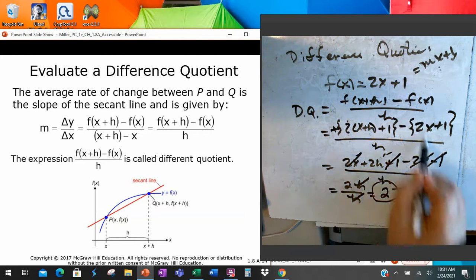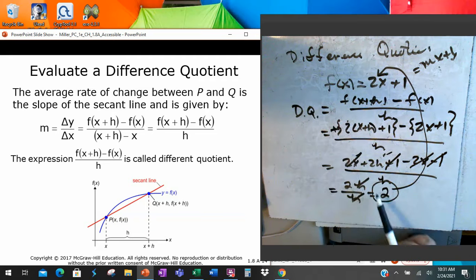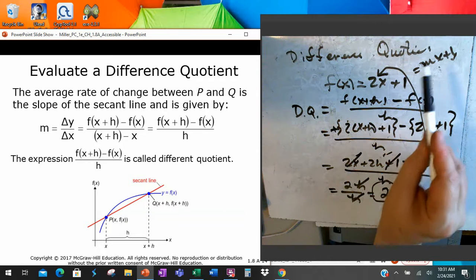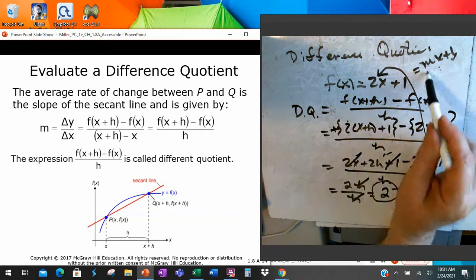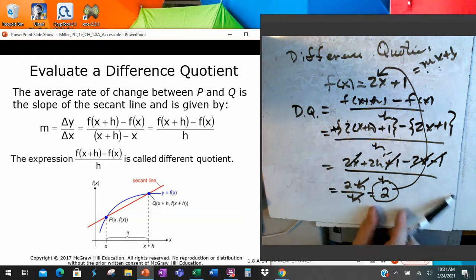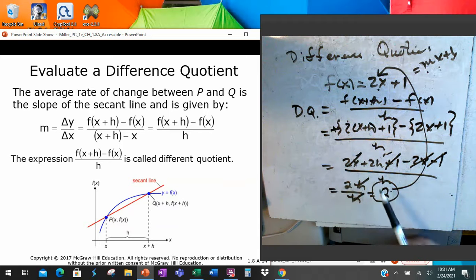But look at here. If I just did mx plus b and did this thing, this would come out with whatever m that is. That is the slope. That's the m. The difference quotient is the slope. And in this case, it didn't matter what my starting point is. Wherever I'm at on that line, my slope is going to be 2.